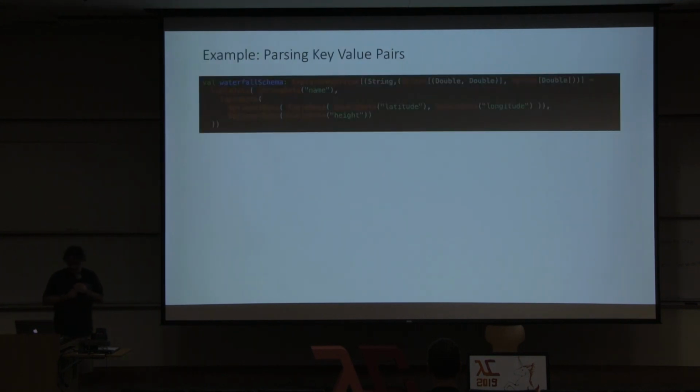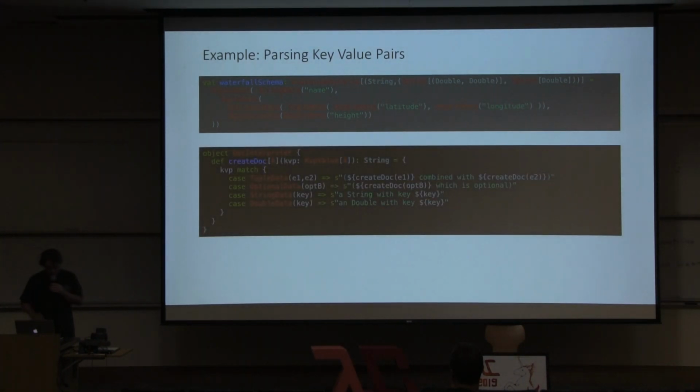Here we are, once again, defining our schema, this time with the parameters. And then we are going to provide an interpreter. This is pattern matching, so we're going to pattern match on each subtype of KVP value.